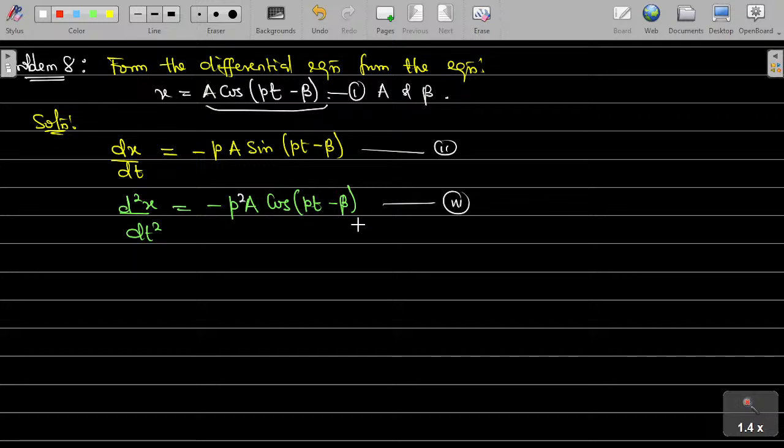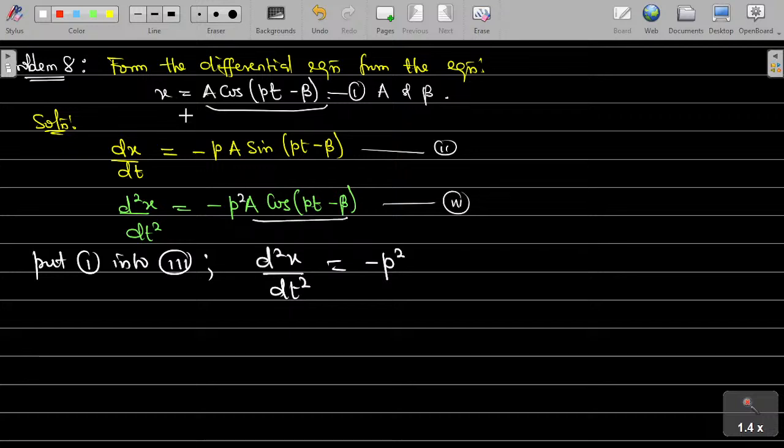So I can actually substitute, let me put equation 1 into 3. If I do that, I'm going to get d squared x all over dt squared is equal to minus p squared. So the whole of this now, the left hand side, is equal to x, so I can replace it here with x.